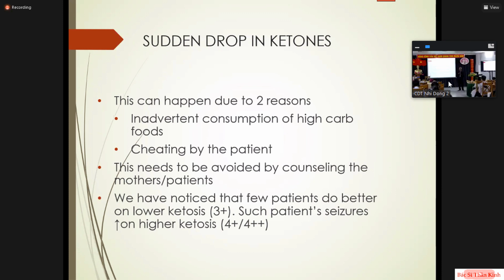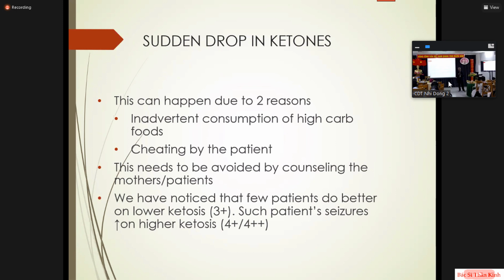Because why do you fast? I asked myself, why do I fast this child? I'm fasting the child in order to remove all the carbohydrate reserve from the liver. Because I know that until such time as the carbohydrate reserve from the liver is removed, the liver is not going to take fat. So if I do the same thing by giving a carbohydrate-free diet, it's fine.